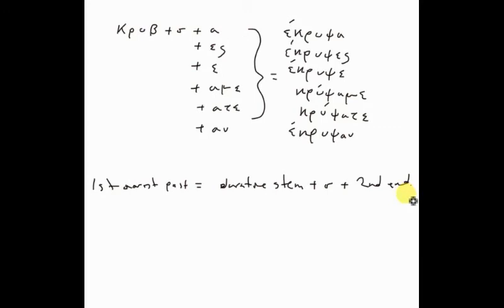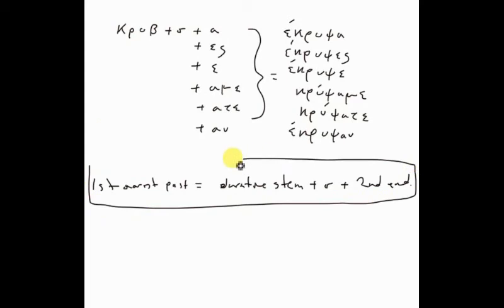And that's pretty much it for the first aorist. The first aorist uses the durative stem, but the durative stem does not function in the same way that it normally would as a continuous action, an action that does not have evidence of completion.